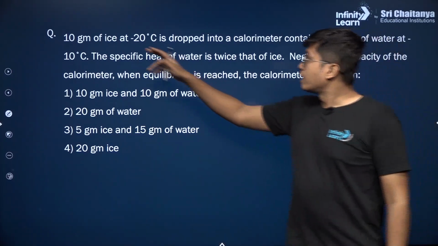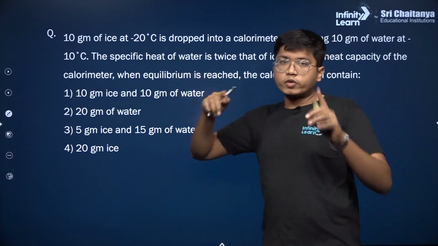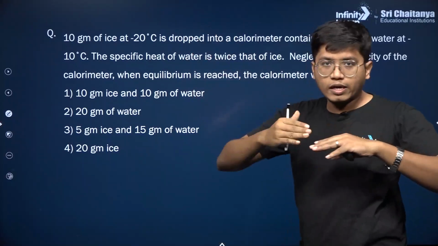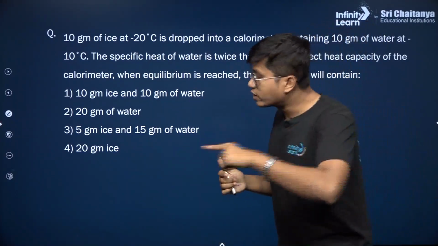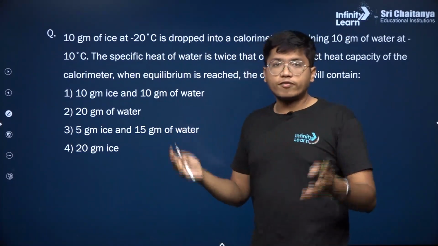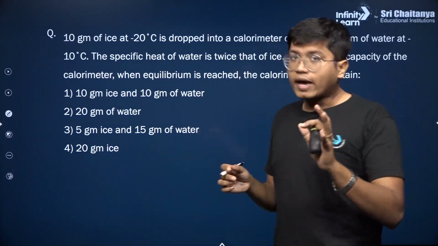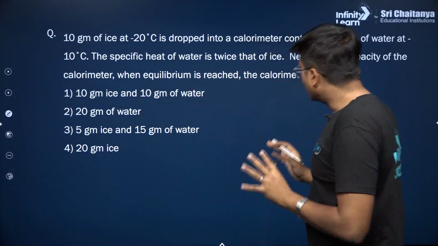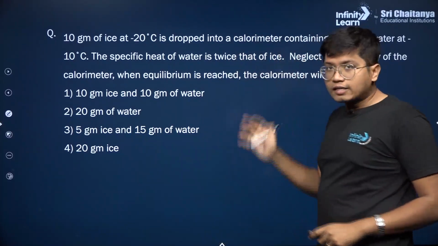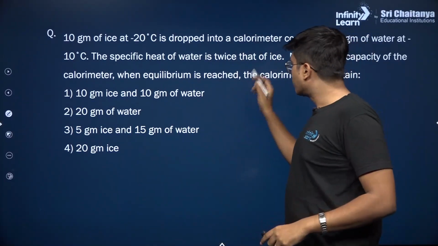Now over here, you see that originally what you would think is you need the ice to cool down to 0 degrees Celsius, then you want the ice to melt, and then you eventually figure out how much water is there. But if you look closely, then you can observe something. Let's assume that the specific heat of ice is given by Ci, right?